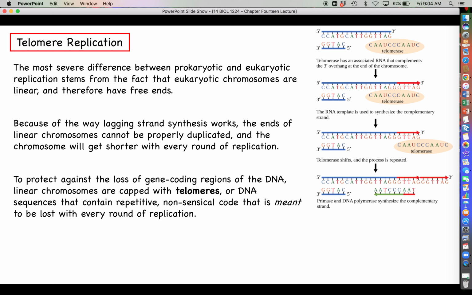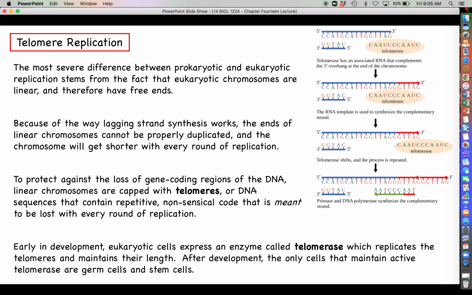So it's basically kind of wasteful DNA that we can basically say, okay, we know we're going to chew off the ends of the chromosome. Here is some extra DNA we can put at the end so that that's not that big a deal. We just don't want to lose protein coding information from the more interior parts of the chromosome. The telomeres are meant to be lost. The coding regions of DNA are not meant to be lost.